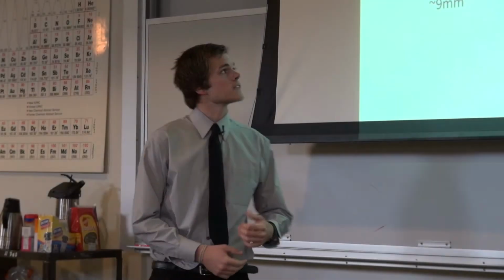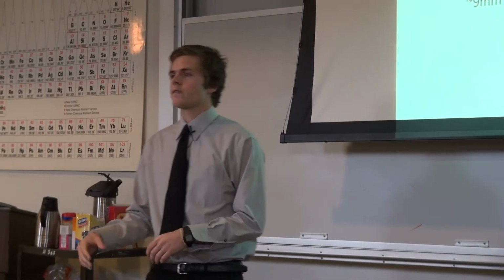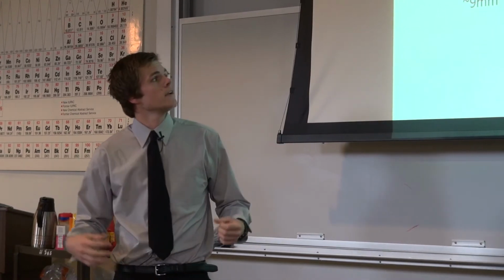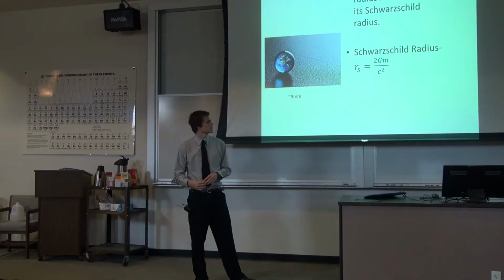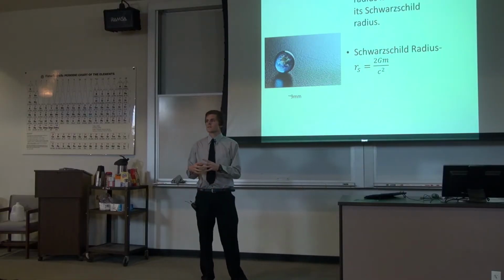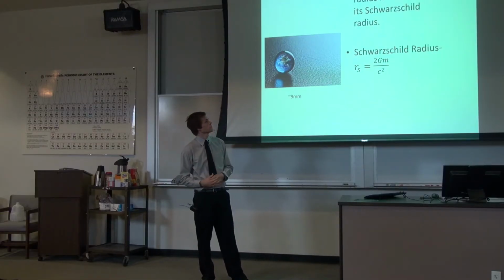So what this equation is basically telling us is if you have an object of mass M, and you compress that object into a sphere with radius Rs, essentially the escape velocity from the surface of that sphere is going to be equivalent to the speed of light.